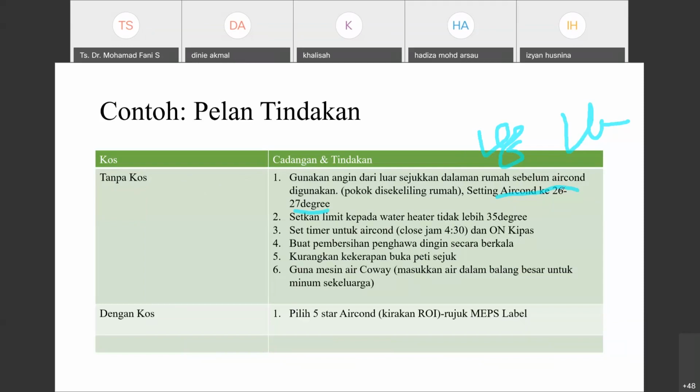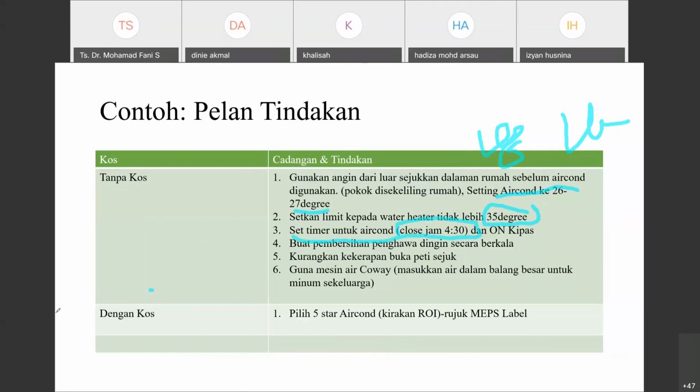So set a limit for the water heater to be 35 degrees only, or set a timer for the aircon to shut down at 4:30 a.m. every day instead of 6, so we can reduce the consumption.